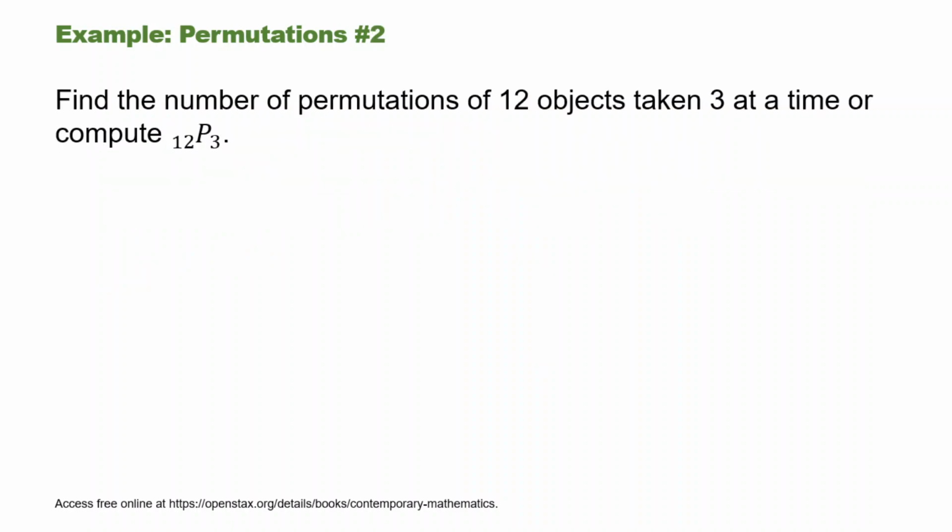Example, permutations number 2. Find the number of permutations of 12 objects taken 3 at a time, or compute 12p3. So 12p3, we don't have to interpret this, we just need to go to our calculator, go back to Class Calc.